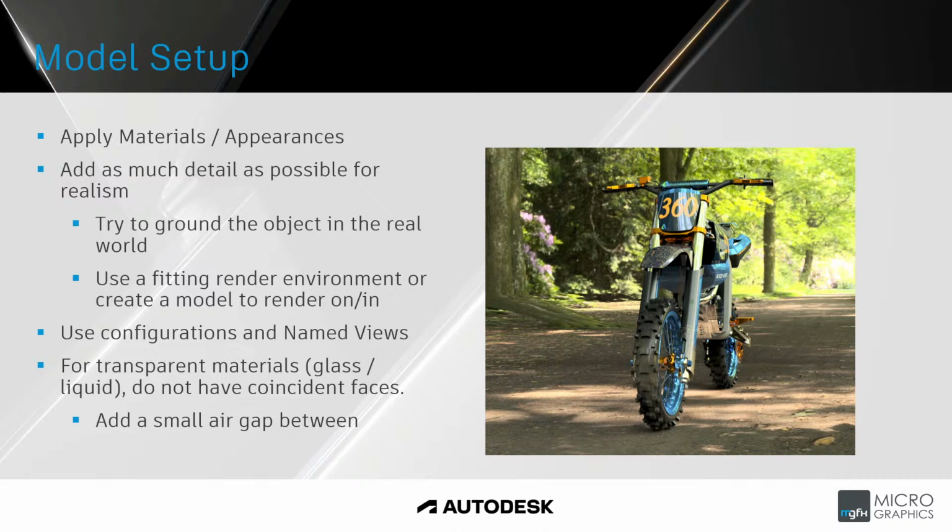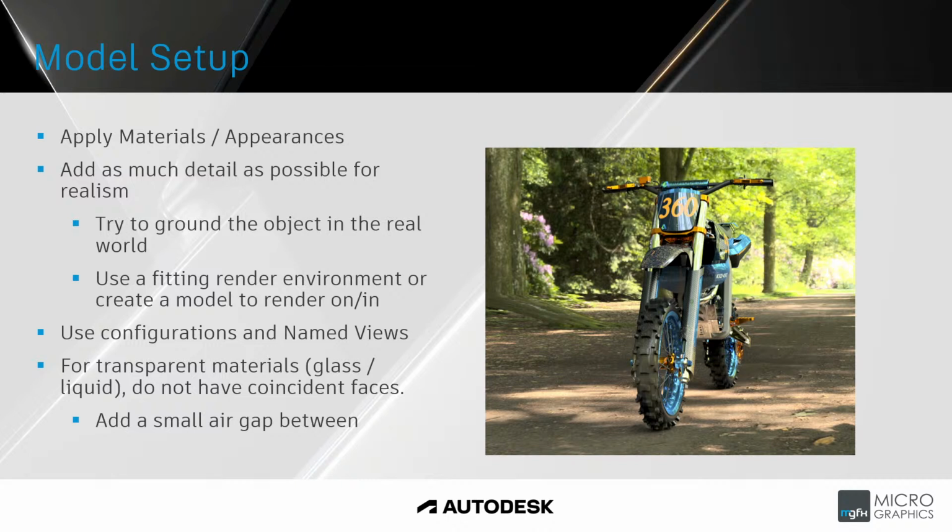But for a render to be a lot more realistic, you would want to add as much information as possible. Some companies might skip out on some details because it's not worth spending the time to put them into the CAD. So if we look at the CAD of the bike, and in a demo later on, I will deep dive into the bike here and have a look at some of the detail.